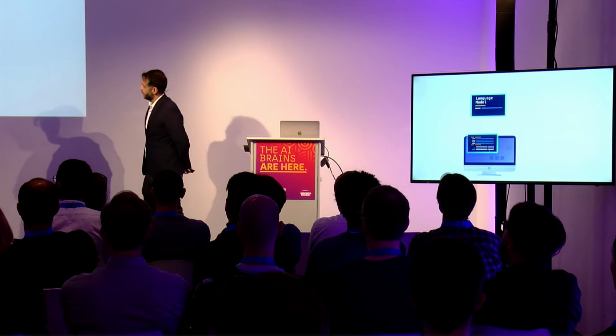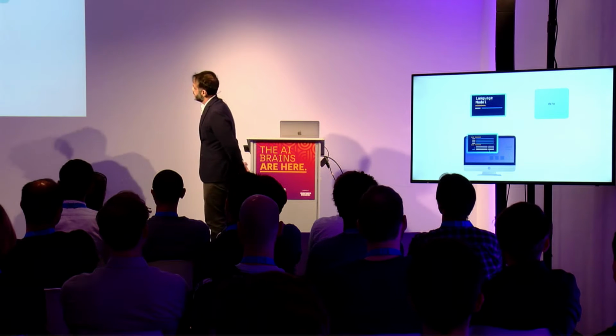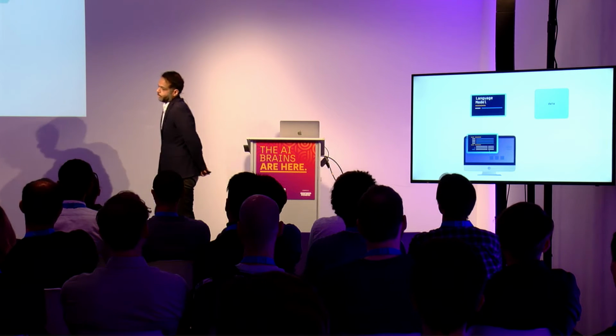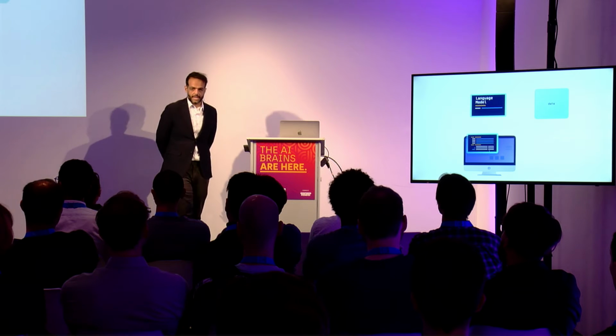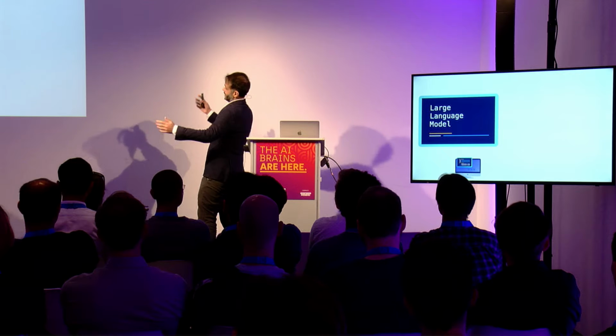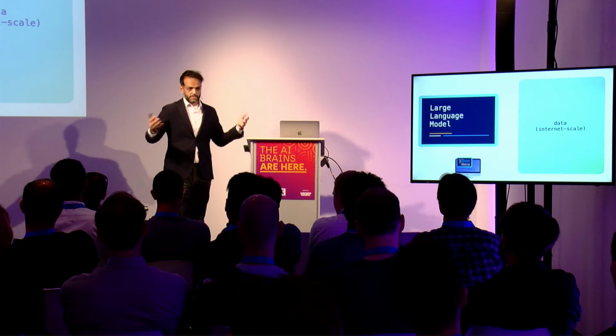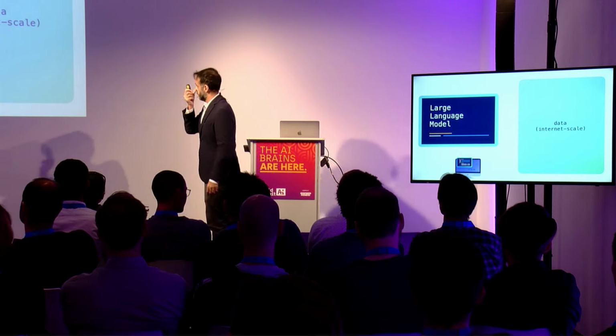So a language model is a piece of software. It's trained on a bunch of data, and then after that, it's able to do a lot of language processing tasks. A large language model is an even bigger language model that is trained on internet-scale data. So these are hundreds of billions of words or tokens.